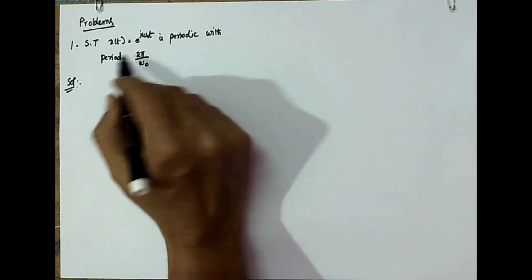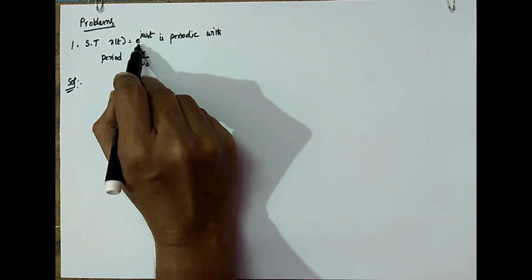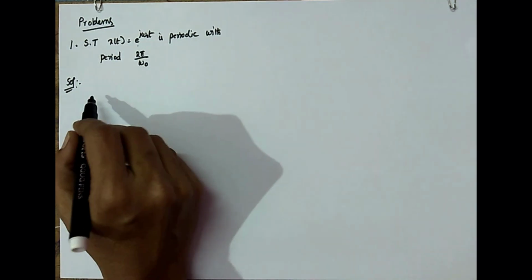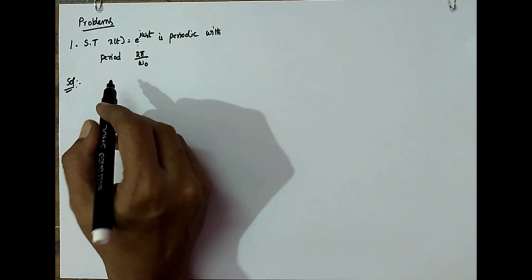We'll see the solution. This x of t equal to e power j omega naught t is called a complex exponential signal.